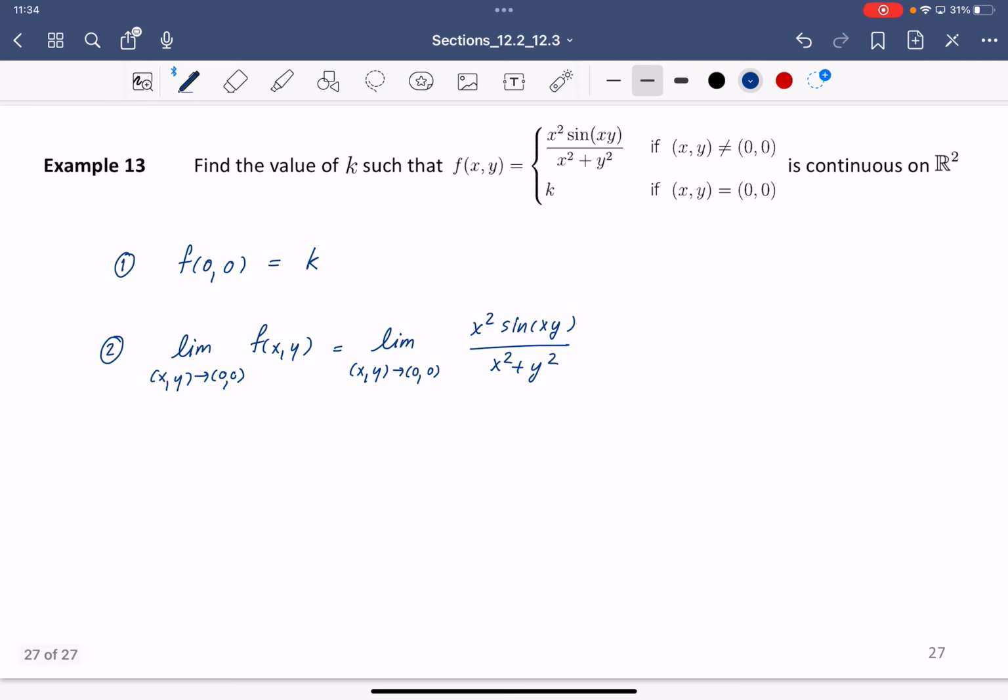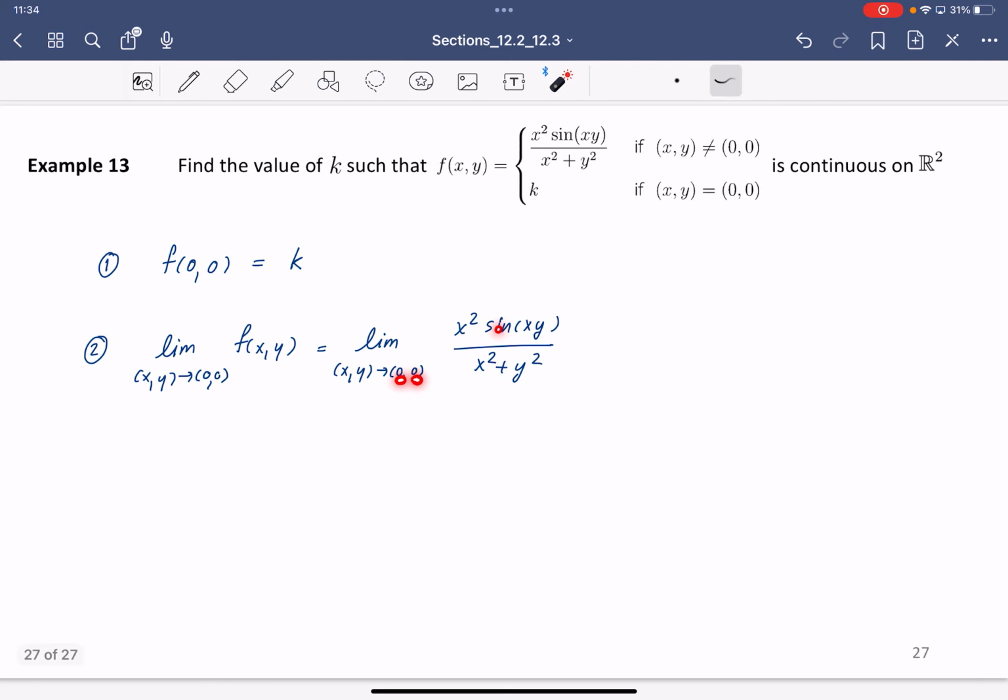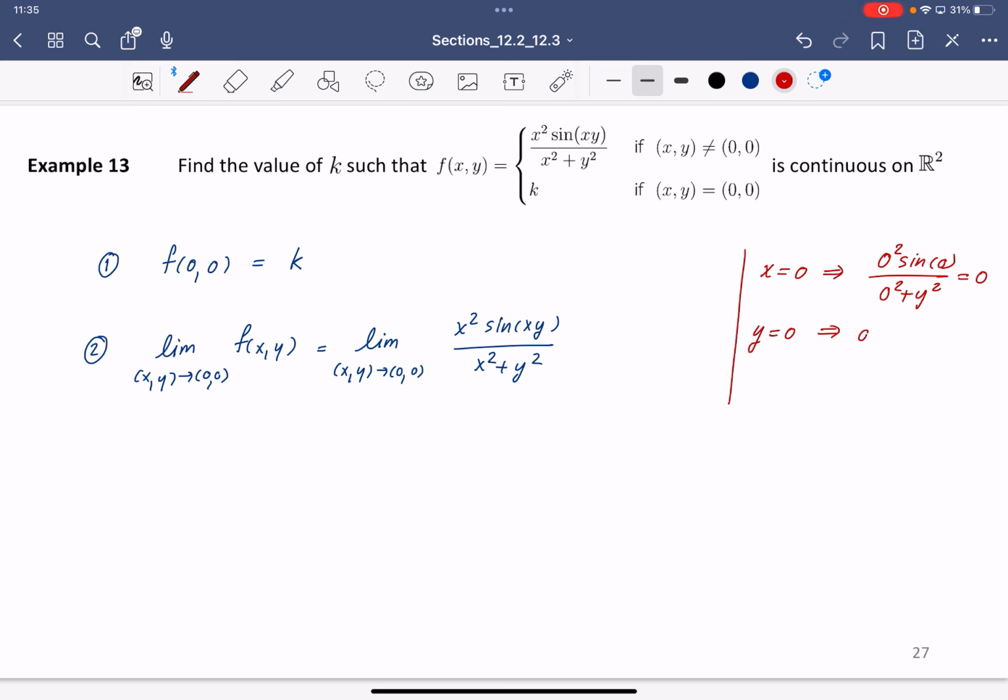We're going to pick the line first. If you plug in (0,0) you get 0 over 0. So let's do the scratch work: what line are we going to pick? x equal to 0, for example: you get 0 squared times sine 0 over 0 squared plus y squared, which is actually 0. If you pick y equal to 0, it's x squared times sine 0 over x squared plus 0, which is actually 0 as well.